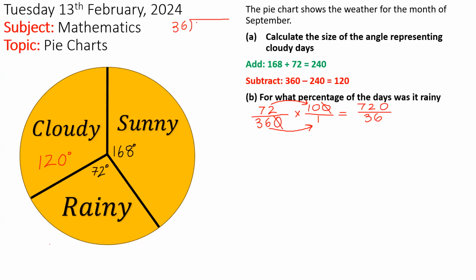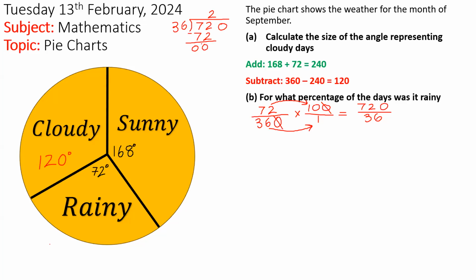How many times does 36 go into 72? 2 times. 36 times 2 is 72. Very good. And we subtract: 72 minus 72 is 0.